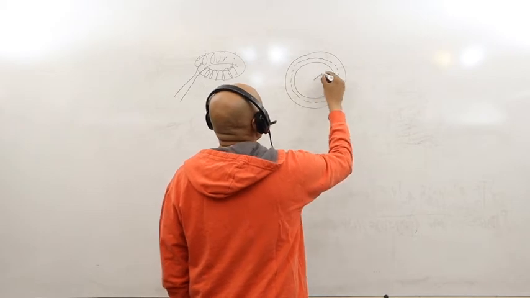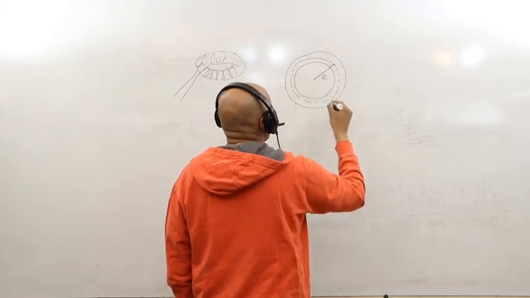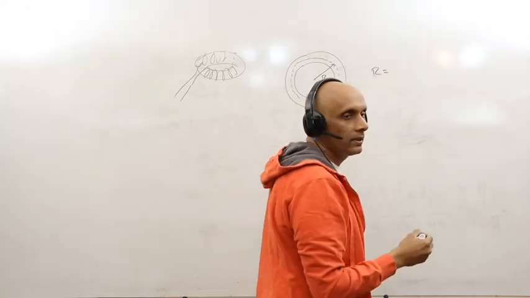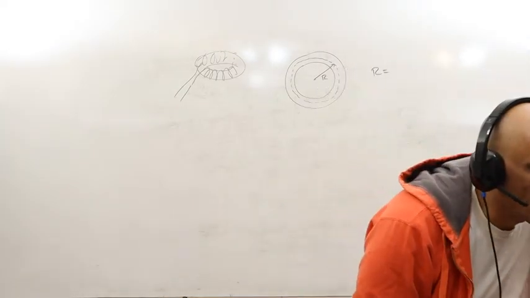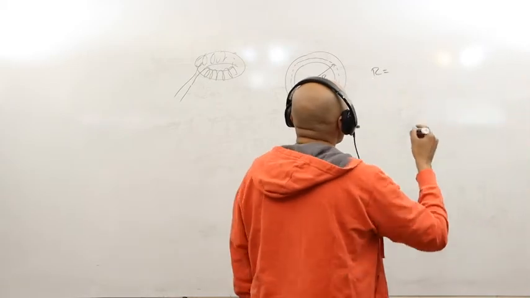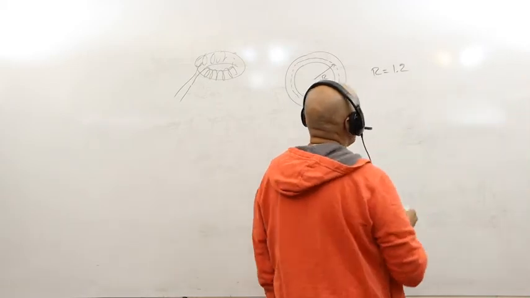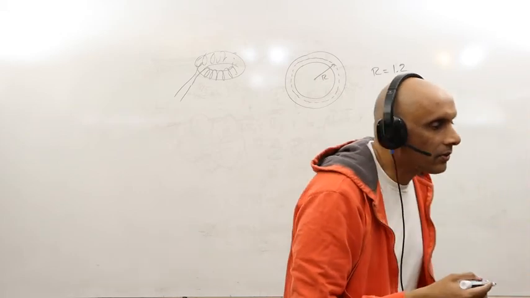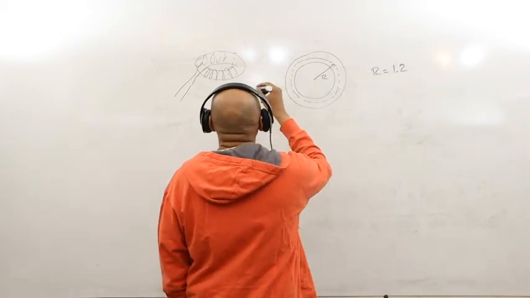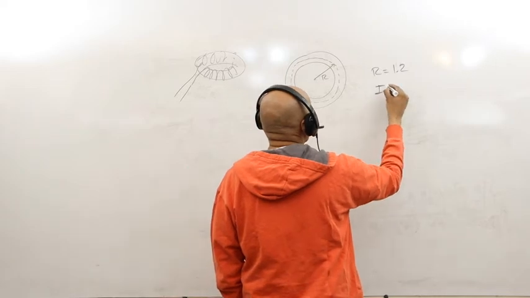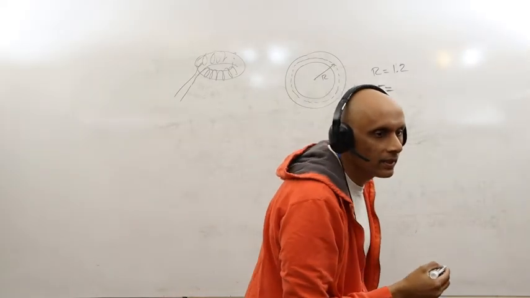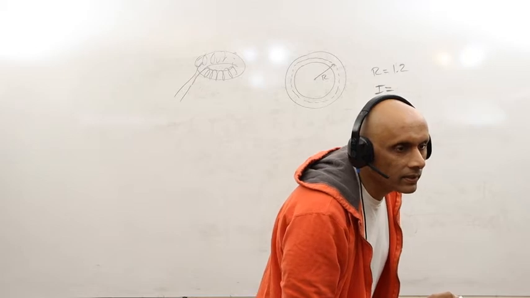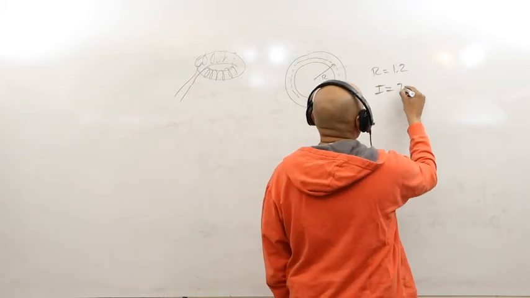So here's our donut, and we're told that the radius of the donut R is given by 1.2 meters, big donut. The current carrying wire has a current value of 3.4 amps.